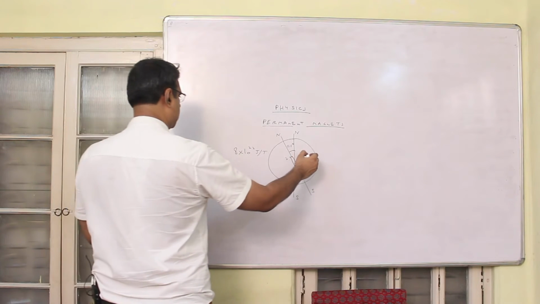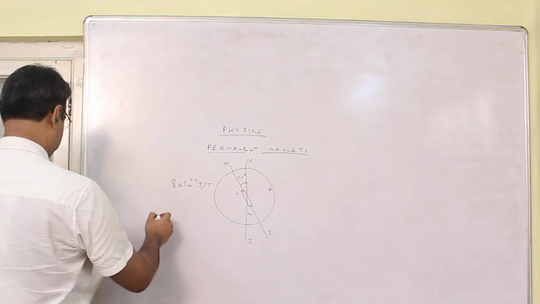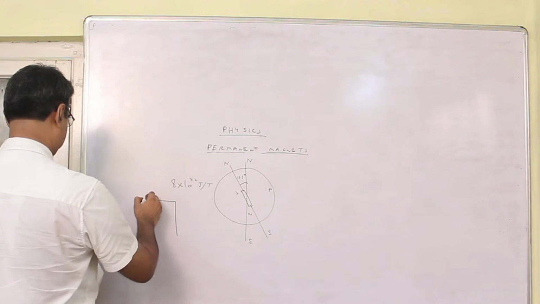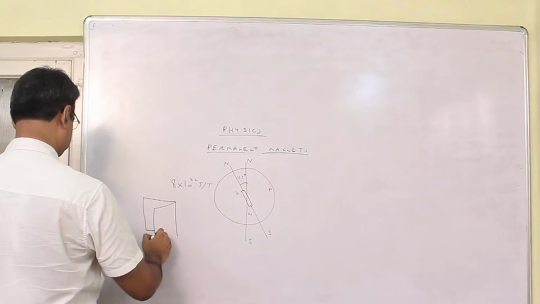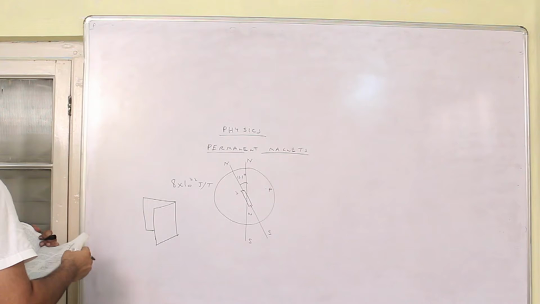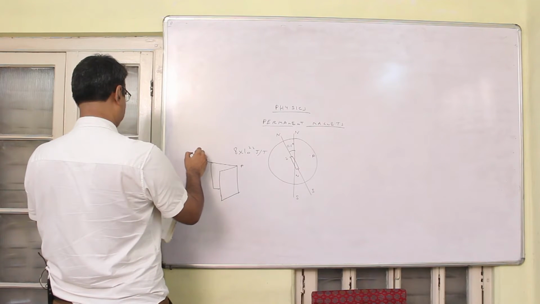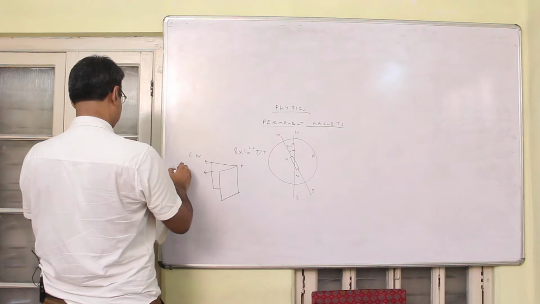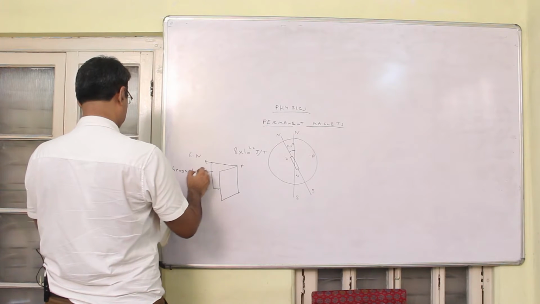So, if you consider a point P anywhere on the Earth's surface, and if you draw a plane which connects the point P with geographic north and geographic south, then this plane is called geographical meridian.